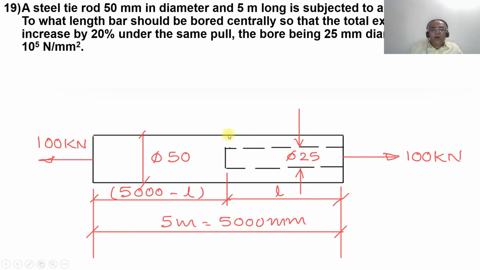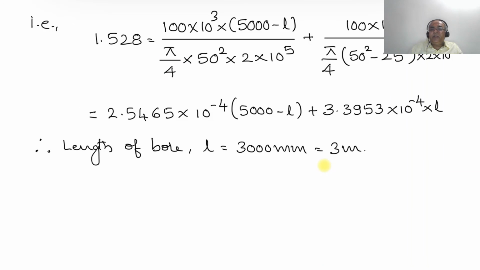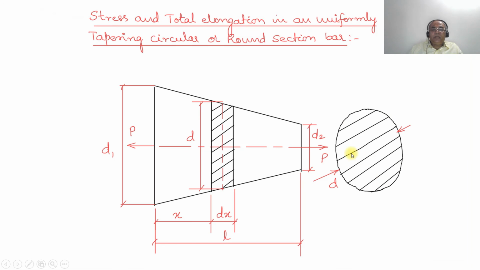This will become the hollow cross section, which will be equal to pi by 4 into (50 square minus 25 square), into E, which is 2 into 10 to the power of 5. On simplification, the length of the bore L will be equal to 3000 mm, that is 3 meters.